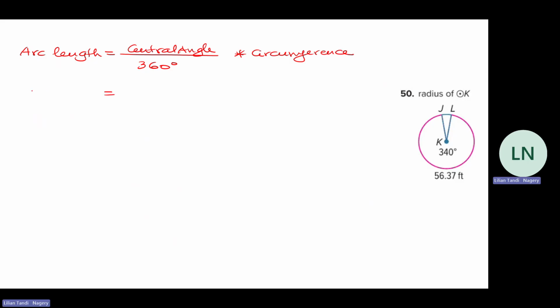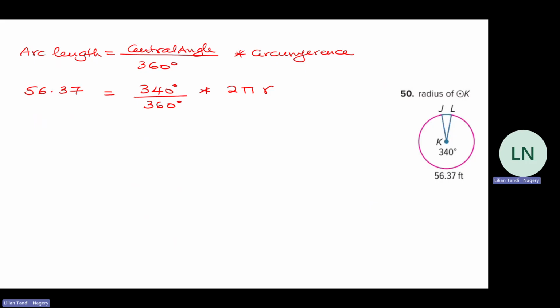I know the arc length, which is 56 and 37 hundredths. Do I know the middle? Yes, I know the central angle, which is 340 degrees over 360. And then the question wants the radius. So now I have here multiplied by the circumference, which is 2 pi r.